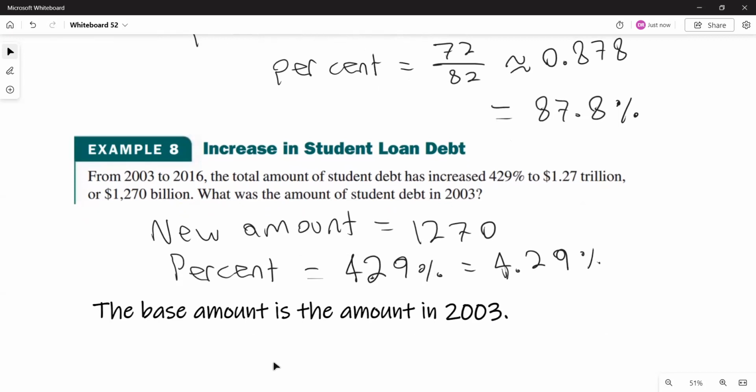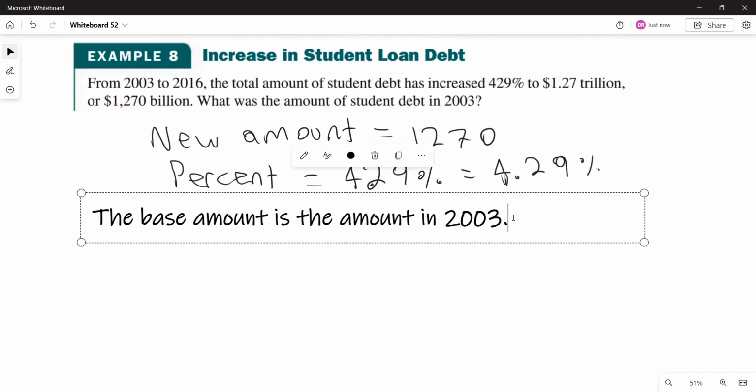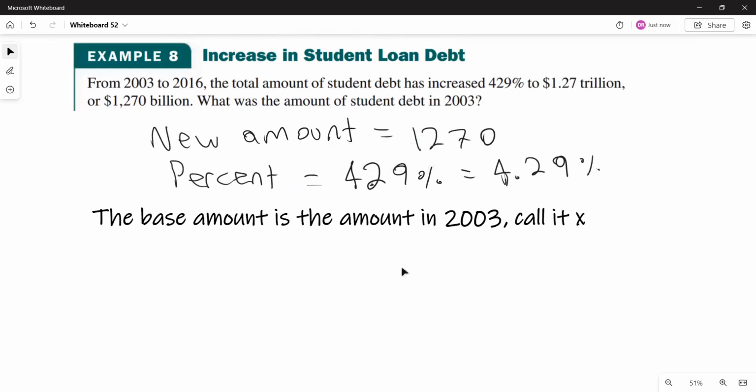Okay, so let's put everything together into the percent equation. Let the base amount, the amount in 2003, be X. So the new amount minus the base amount, over the base amount, is 4.29.